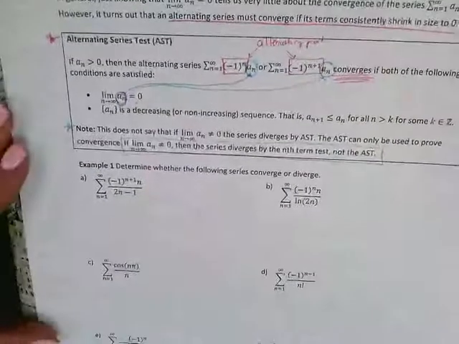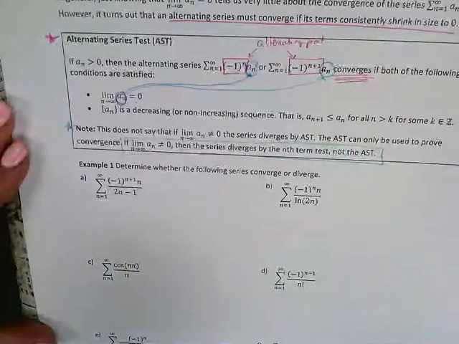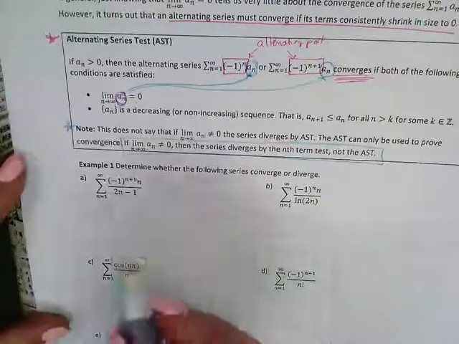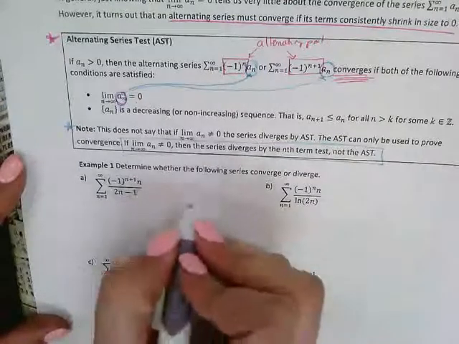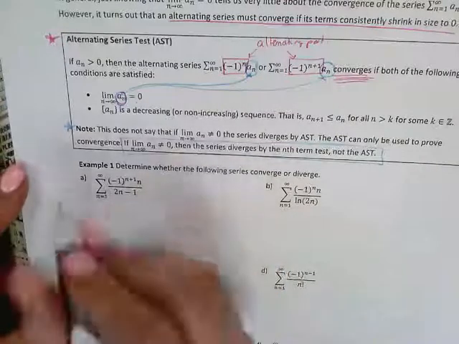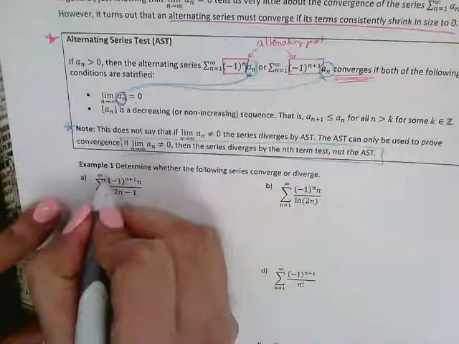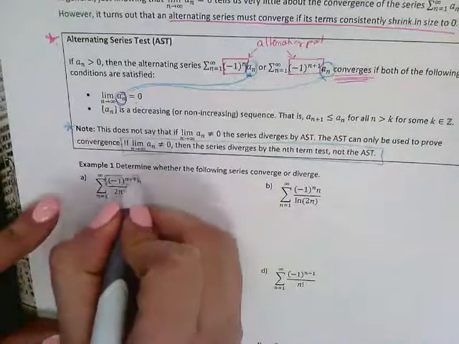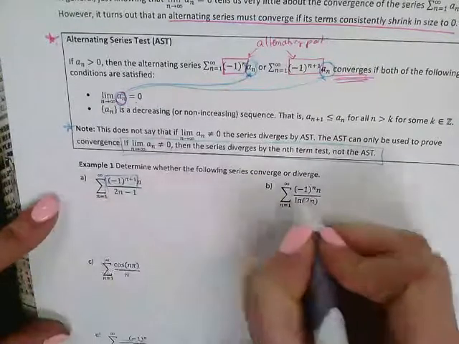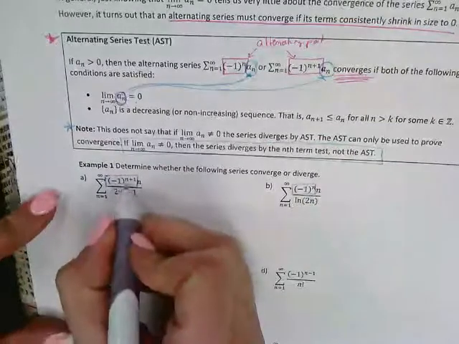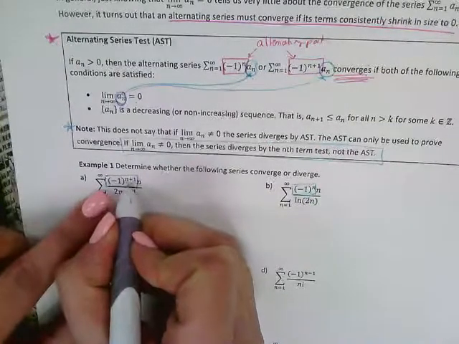So look at the following examples. Now the reason that we're going to use the alternating series test is we have the alternating part, right? So really quick, what I'm going to do is identify all of the alternating parts in all of these problems. Some of them are pretty easy. So there's the (-1)^n. So that right there is my alternating part. You can't separate the +1 from the n, right?